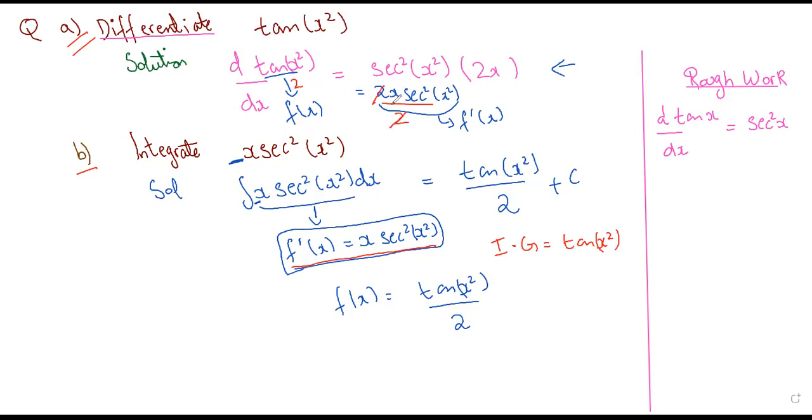So I would only have x secant square x square. And in my example, this is what I was asked to integrate. So this was my derivative, and this is the derivative which I want, but I would get it if I have a 2 in the denominator of tan x square.